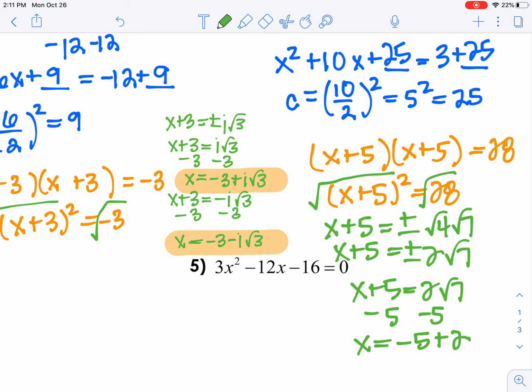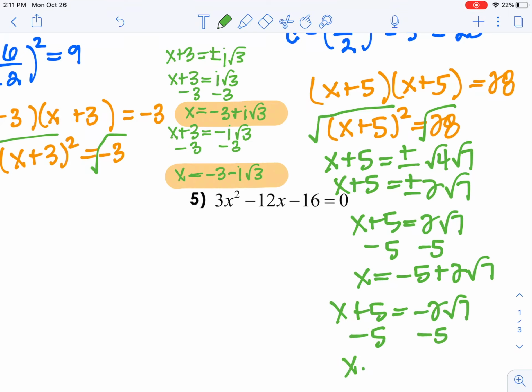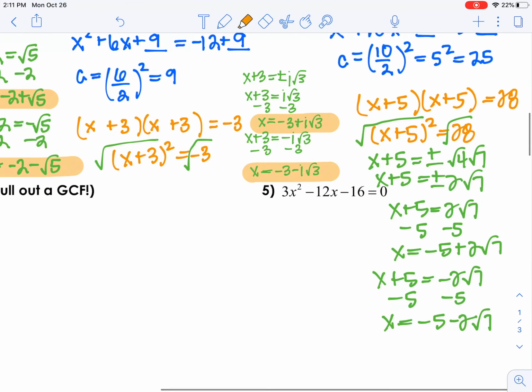So negative 5 plus 2 radical 7 is one solution. And then x plus 5 equals negative 2 radical 7 is my other solution.